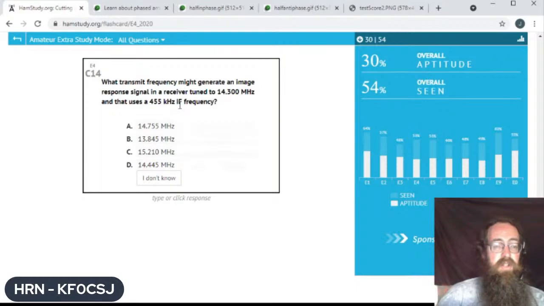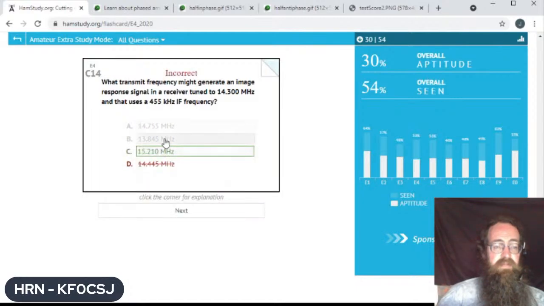Input filter. So that one's too high. I'm going to go with that one.